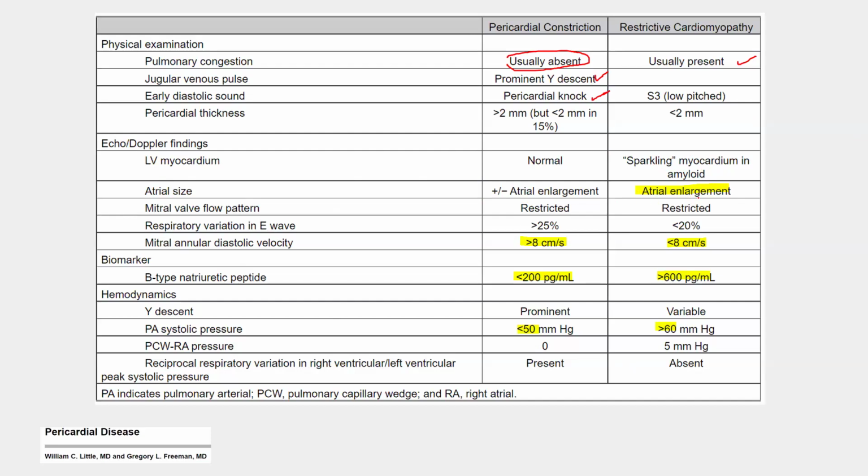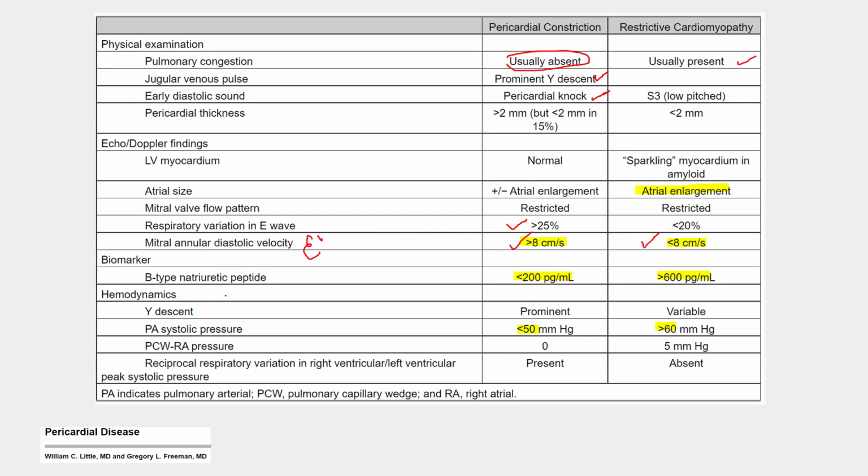So the atria dilate more significantly in restrictive cardiomyopathy than in constrictive pericarditis. Okay? Respiratory variation is a constriction sign. Mitral annular diastolic velocity, and by that we mean E prime of the medial annulus, is more than 8 in constriction and less than 8 in cardiomyopathy.